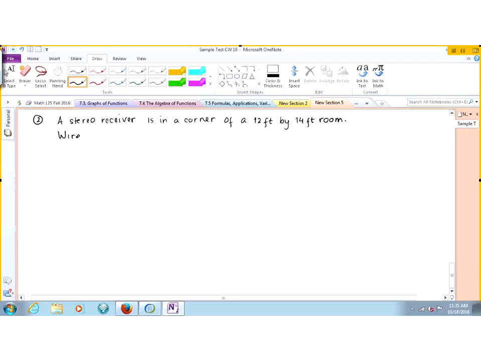Okay. A wire will run under a rug diagonally. So the wire is diagonal. You have to hide it, right? To a subwoofer. What is a subwoofer? Subwoofer in the far corner.